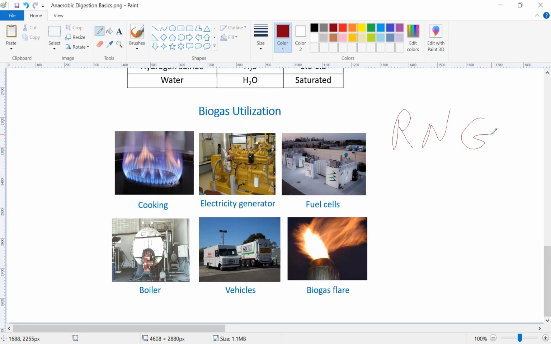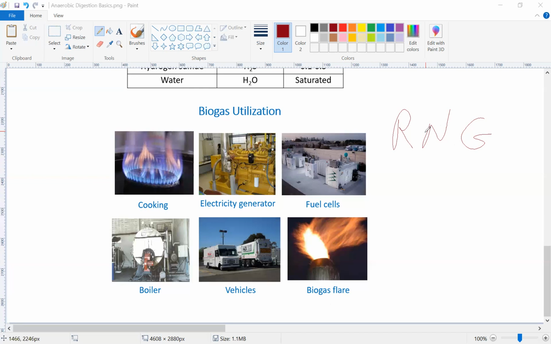You need to remove all impurities like carbon dioxide, hydrogen sulfide, and other impurities, to meet the standard for natural gas. If you remove all of these impurities, the gas can be pumped into natural gas pipelines, or used at vehicle stations to fuel natural gas vehicles, like cars, buses, or others.